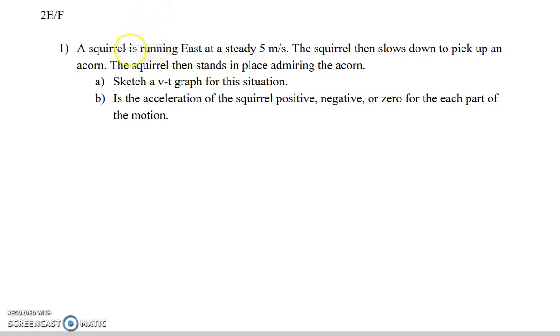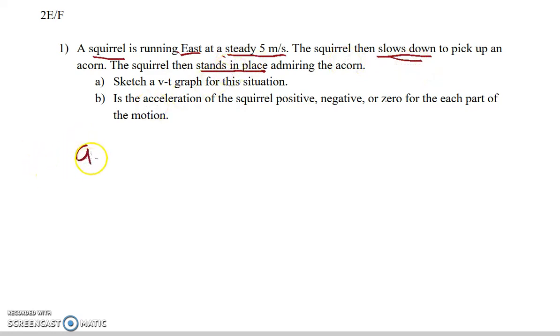Okay, so I'll go through this. We have a squirrel that's running east at a steady 5 meters a second. That's the first thing. Then that squirrel slows down to pick up an acorn. Then the squirrel stands in place, admiring the acorn. So east at a steady speed, then slows down, then stands in place.